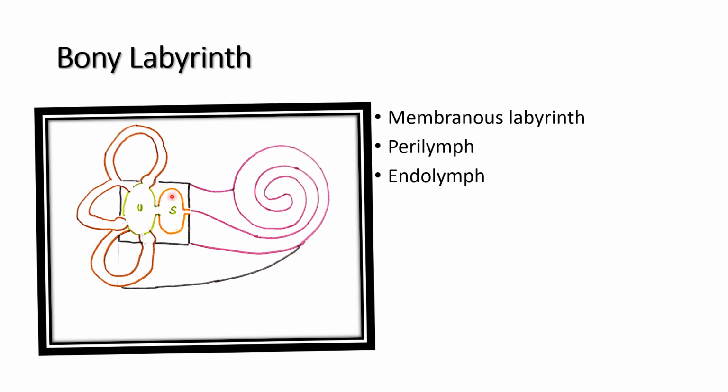In the saccule and utricle, the sensory epithelium is called the macula. In the semicircular canal, the dilated portion is called the ampulla. This is the anterior, this is the posterior, and this is the lateral semicircular canal.